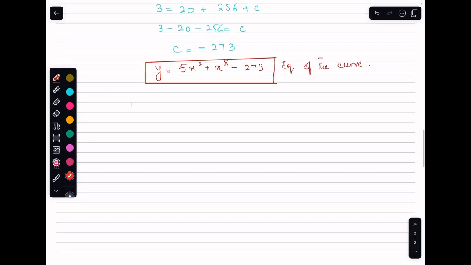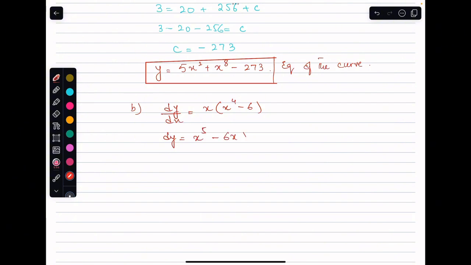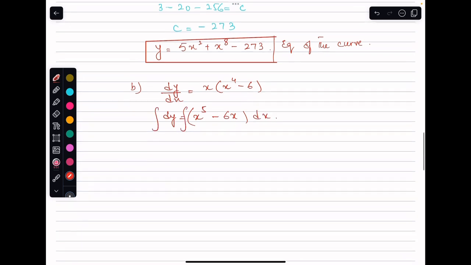Part B says dy by dx equals x times (x to the power 4 minus 6). So here I can say dy, expanding the terms, x into x^4 gives x to the power 5 minus 6x, dx. I need to integrate it, so I use the integral sign.